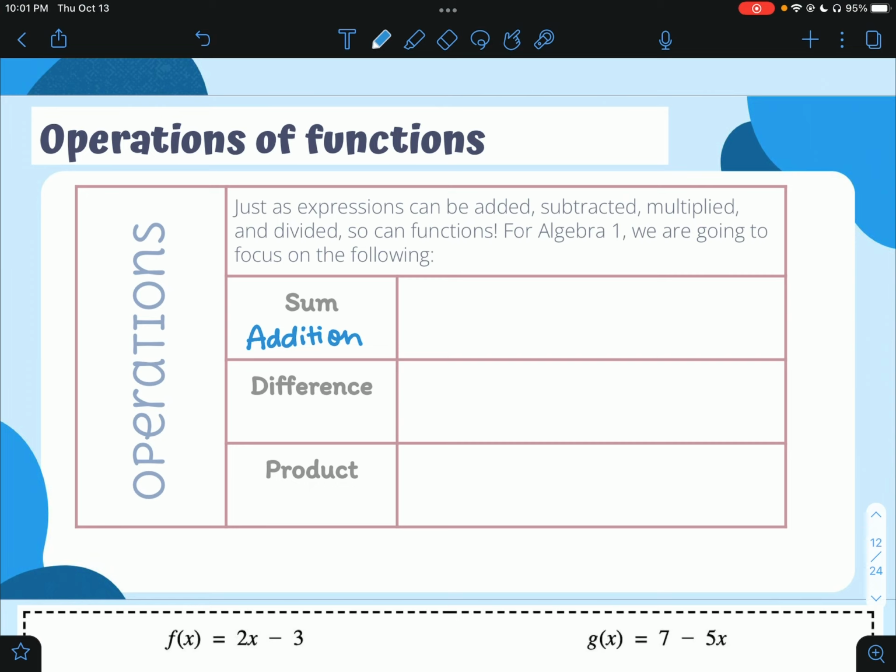We would see these problems written f of x plus g of x, or f plus g of x.